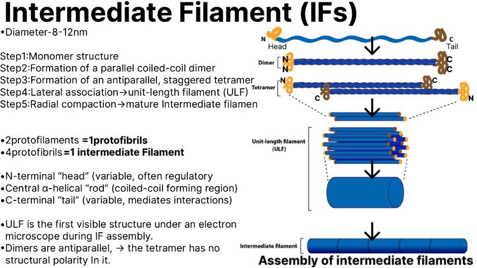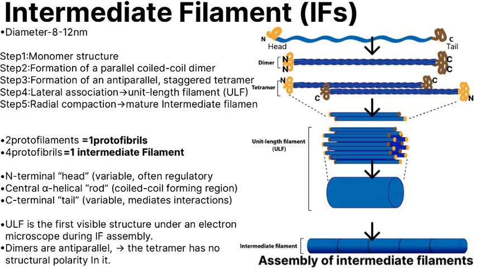Then a proper coiled coil model of the intermediate filament is given alongside, so you can move side by side. And one thing I forgot to tell you at the second step, that since the dimers are anti-parallel, their tetramer has no structural polarity.